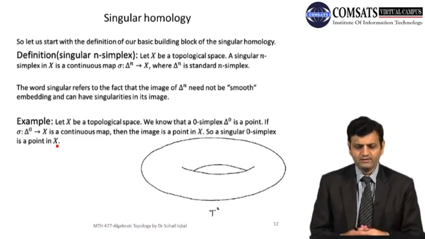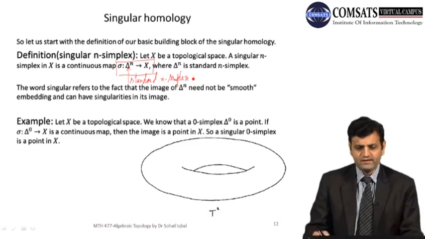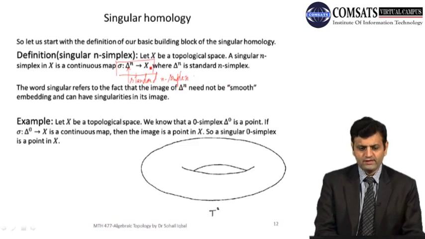It is basically a continuous map from the standard n simplex to the topological space X. If we have this continuous map, then this is called a singular n simplex.